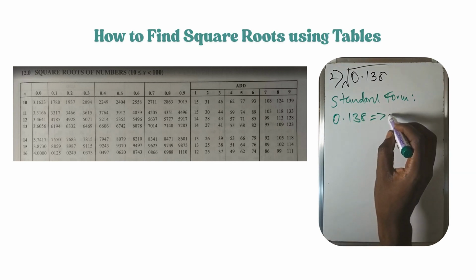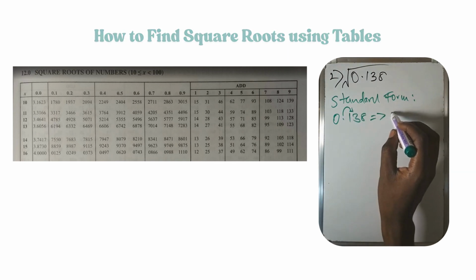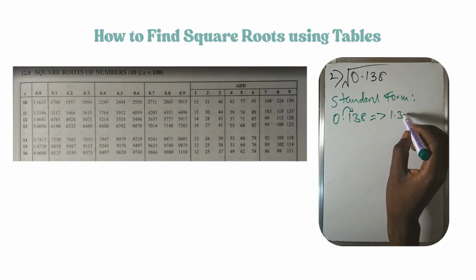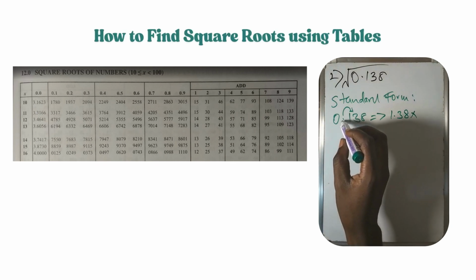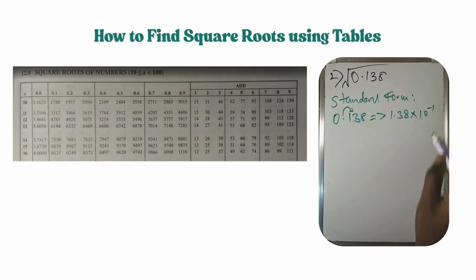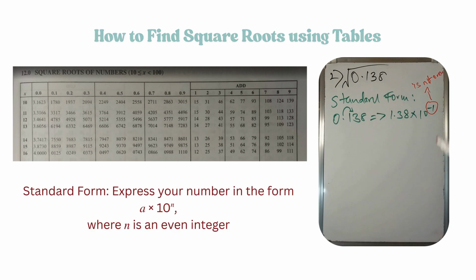If you write it this way, this is just 1.38 times 10 to the negative 1. You won't find the square root because negative 1 is not even. Negative 1 is odd, so we can't find the square root. The exponent must be even.